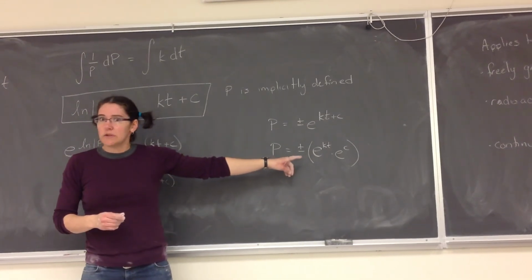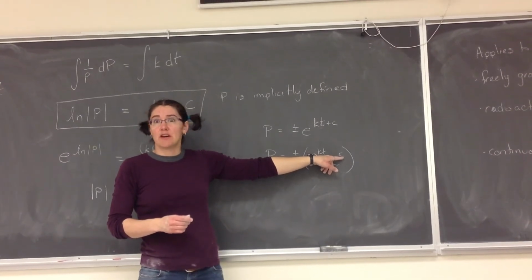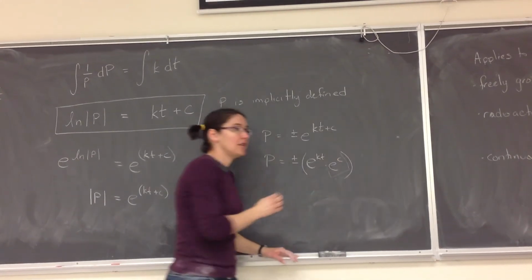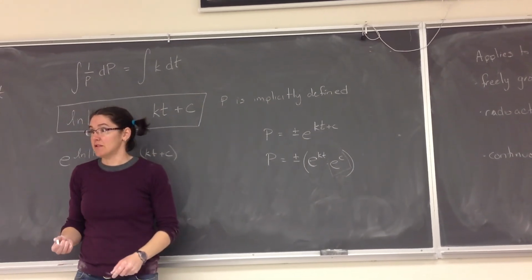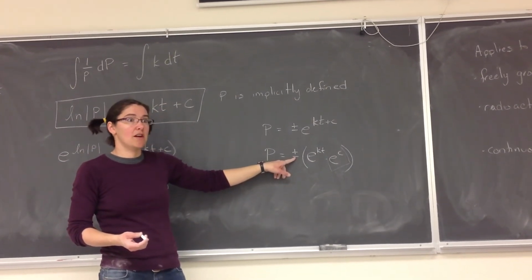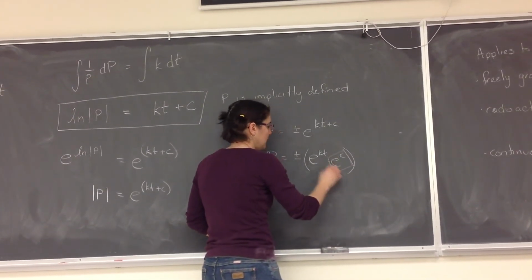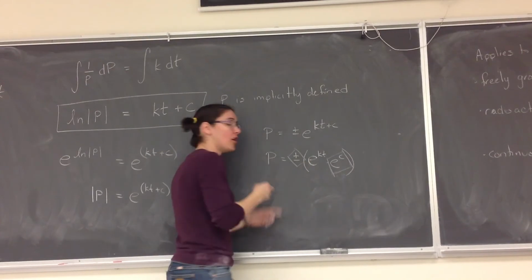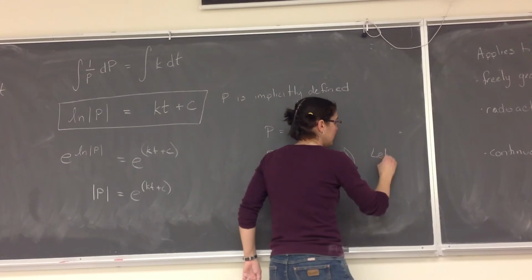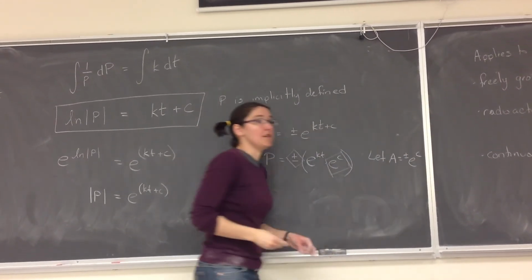And so now, look at what we have. I've got this c, which is an arbitrary constant, which means that e raised to the c is still an arbitrary constant. And I've got this plus or minus in front, which is kind of arbitrary as well. So I'm going to lump the e to the c and the plus or minus in the front all together into one letter and say we are going to let a be equal to plus or minus e to the c.